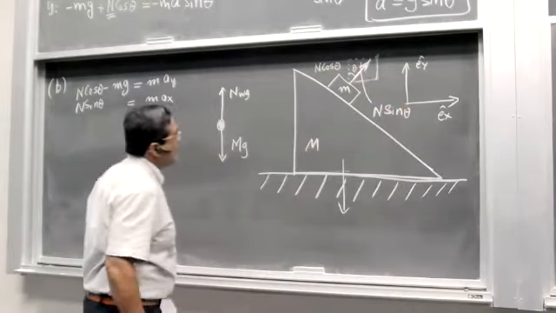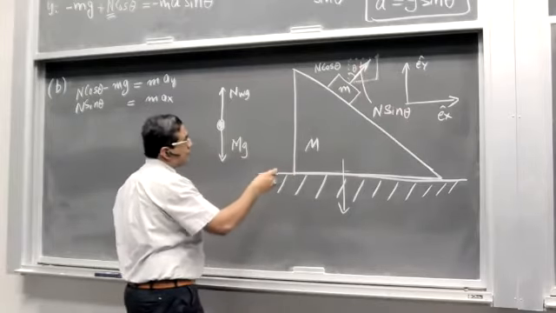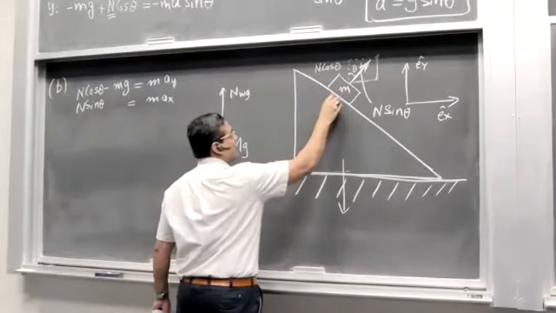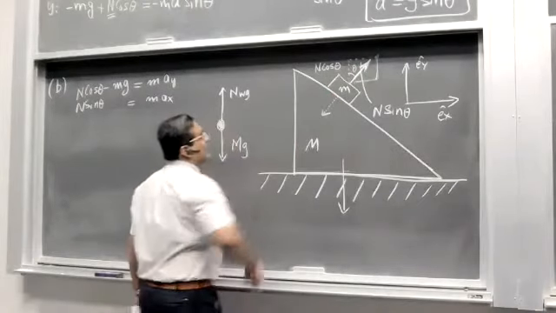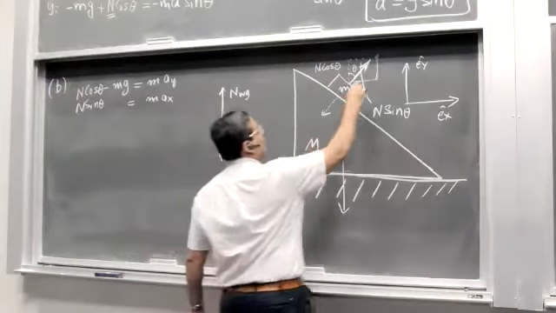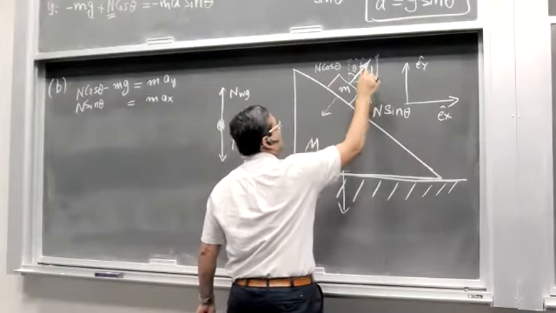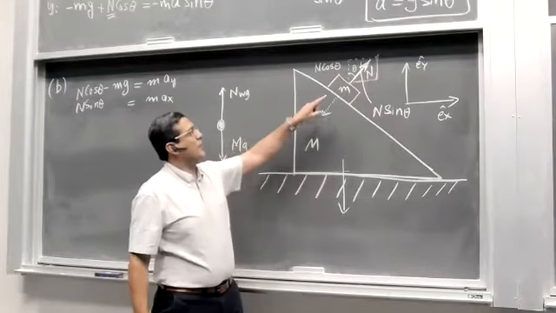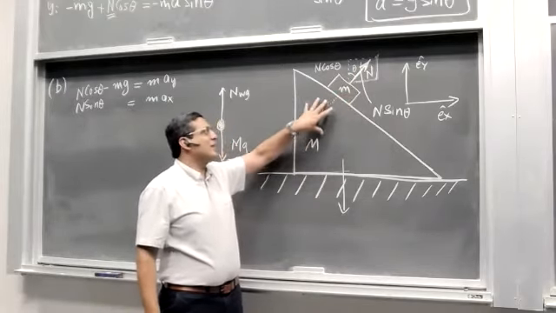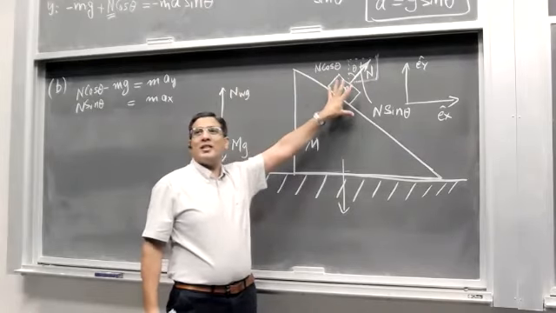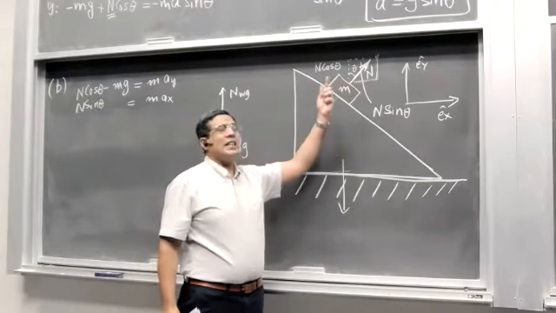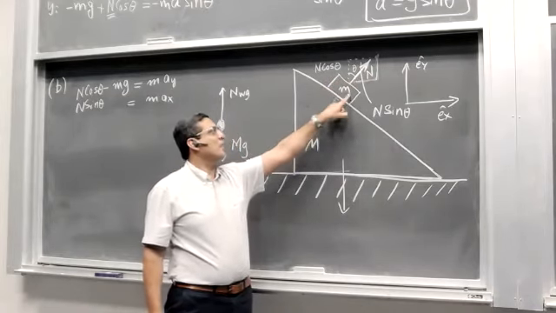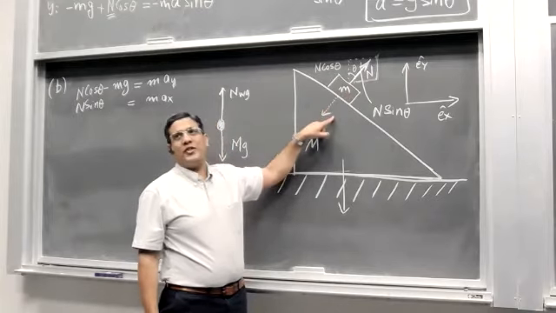Now, the block exerts a force on this object, and that is equal to this normal force here. This is an action-reaction pair. The normal force is being exerted by the wedge on the block, and there is a reaction equal in magnitude, opposite in direction, by the block on the wedge.